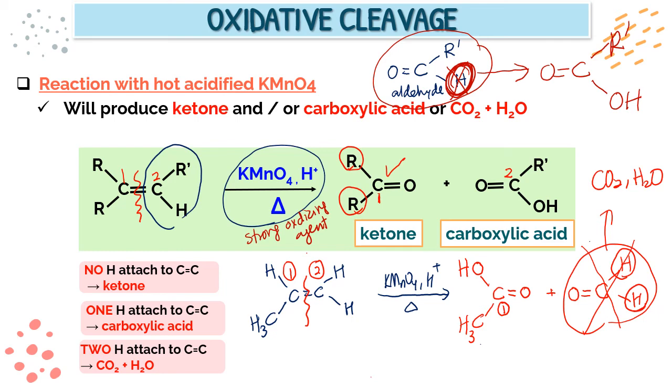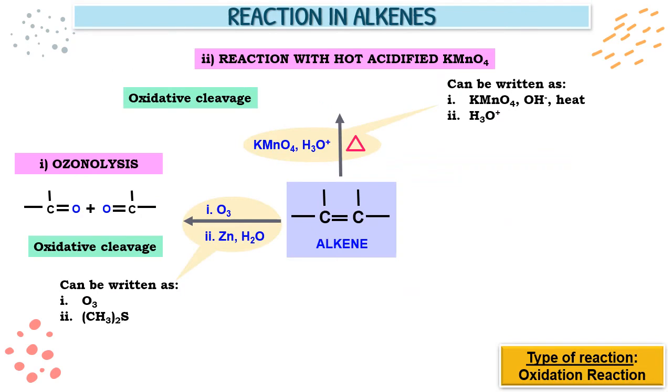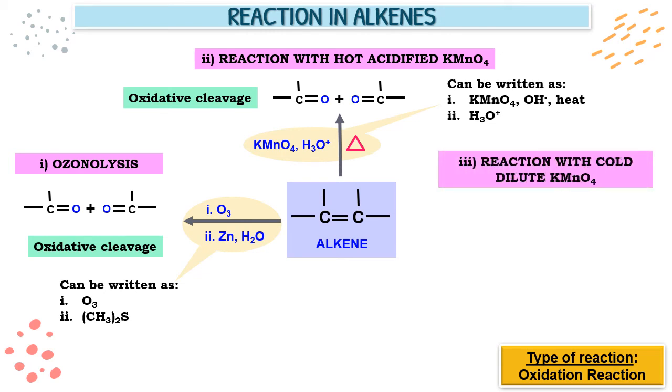Okay, so now let's move on and complete the mind map. The product just now, like we discussed, will be either carboxylic acid or ketone or a mixture of both. Now the last reaction for oxidation of alkene is reaction with cold dilute KMnO4.